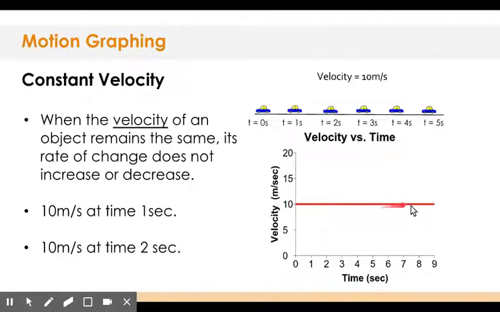So it's moving the whole time. This straight line no longer means that it's still. It's moving at 10 meters per second the whole time. It just doesn't change. And so you have to pay attention. What type of graph am I looking at to be able to know what this line means? Be very, very careful with that, because on the other ones, this would mean at rest. On this one, it means the same speed.